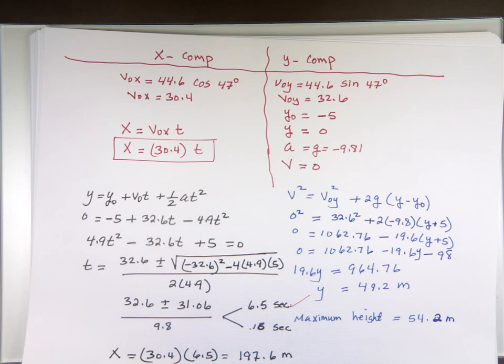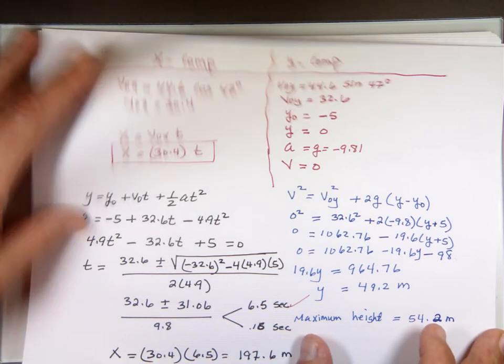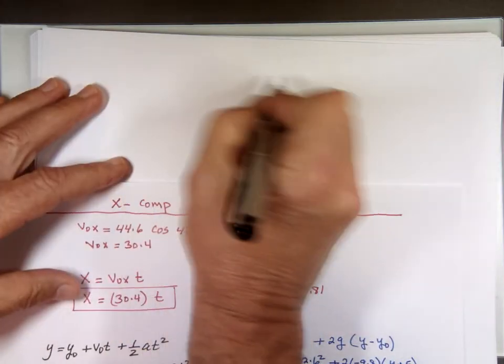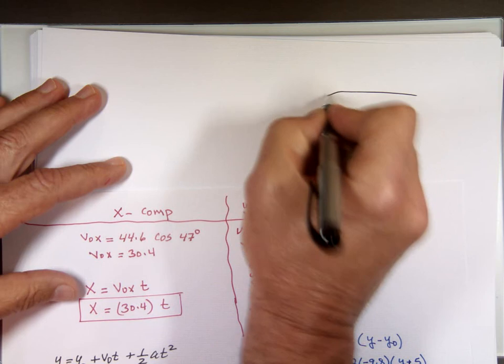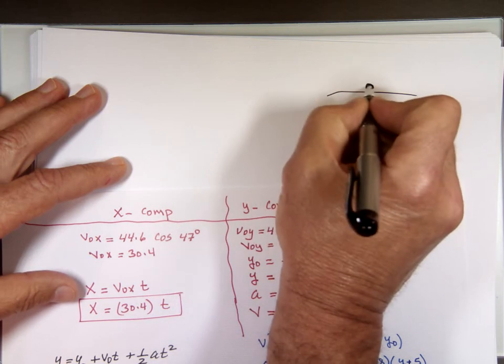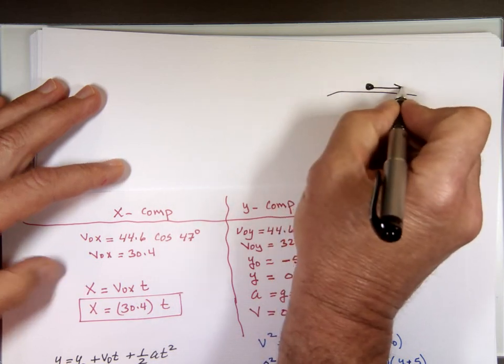And one more question, what was the final velocity before the ball hits the ground? Again, same old story. We know in the x direction, this is the ground here. Here's the ball coming down. The velocity in the x direction doesn't change, 30.4. Let's find the velocity in the y direction.